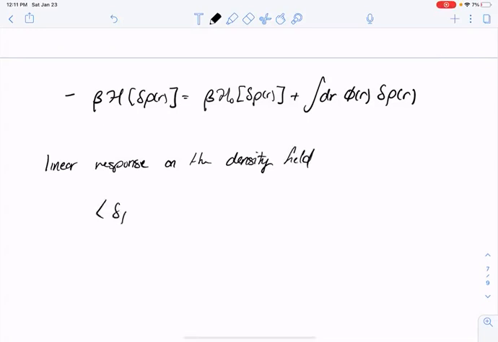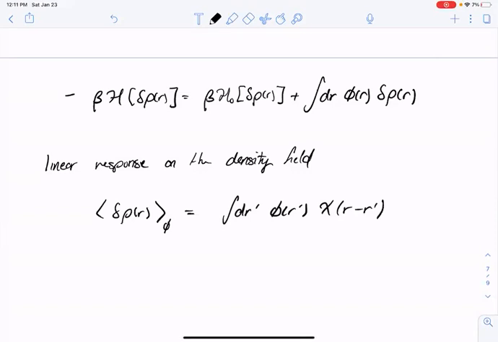If I ask what is the deviation in the density at position r in the presence of that field, that is going to be given by an integral over points r prime, all the places that some applied potential at r prime can act, and mediated back to r through a correlation function, chi of r minus r prime.